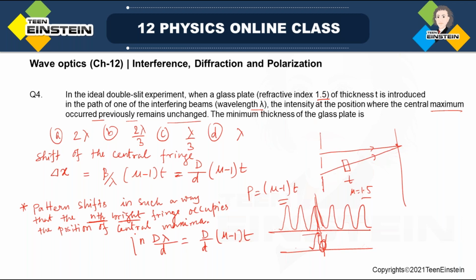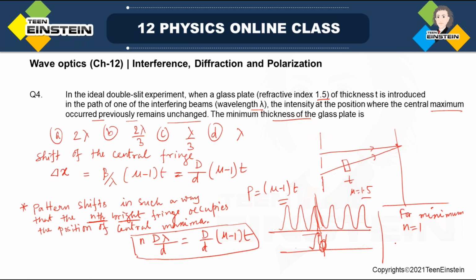This says that the nth bright pattern is coinciding with the central pattern now. Here it is said minimum thickness. For minimum thickness, we can put n is equal to 1.